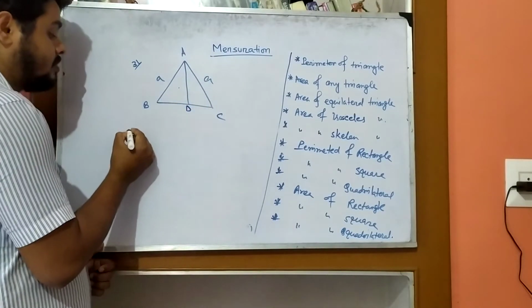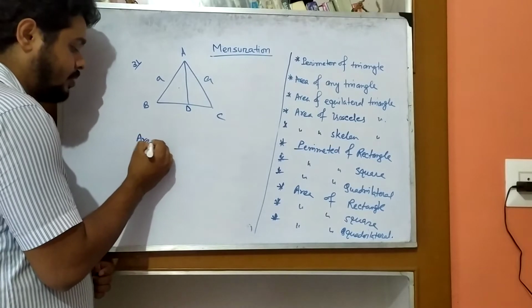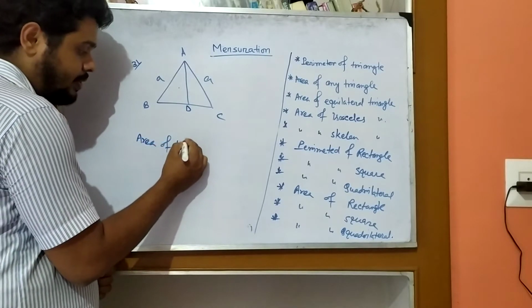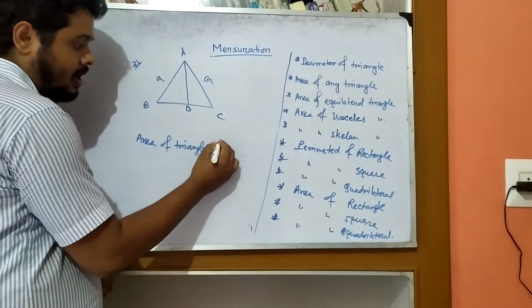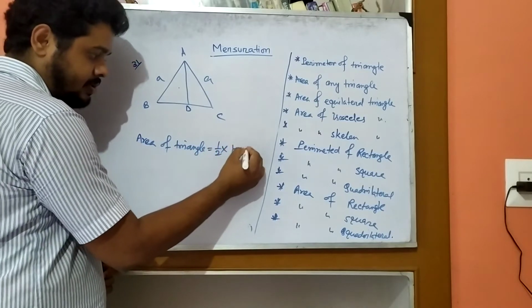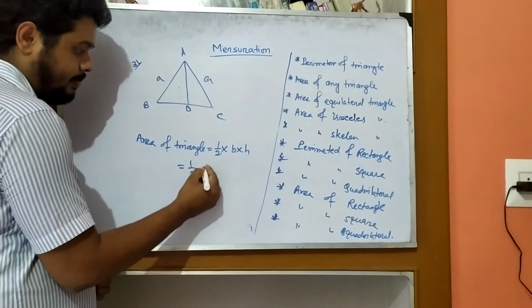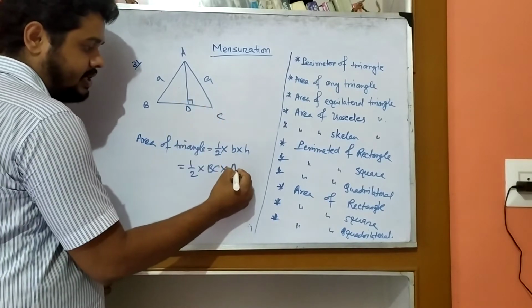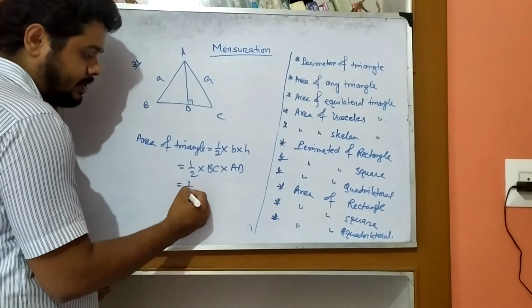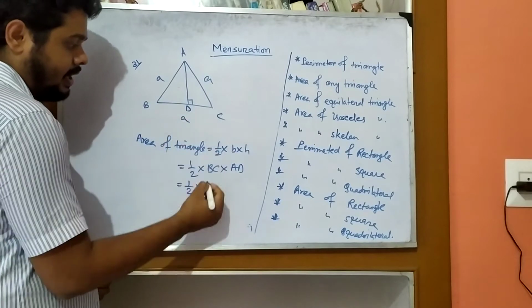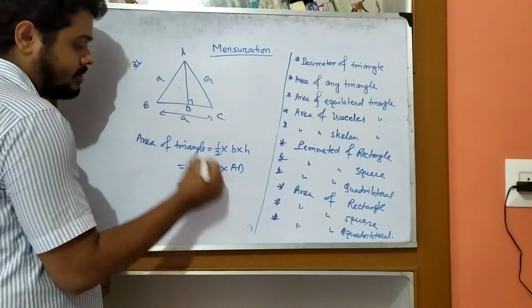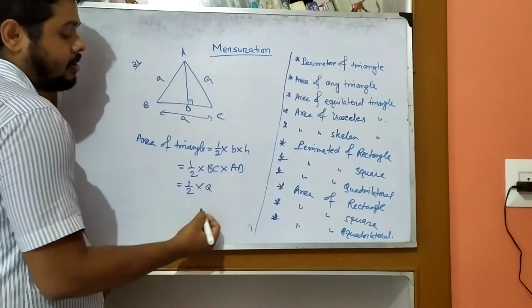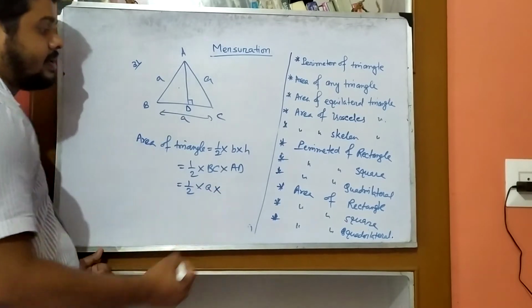Now see, area of triangle means we know, half into base into height. Base means BC, and hence AD is our height. So BC means our A unit, because it's an equilateral triangle. And what is the height?